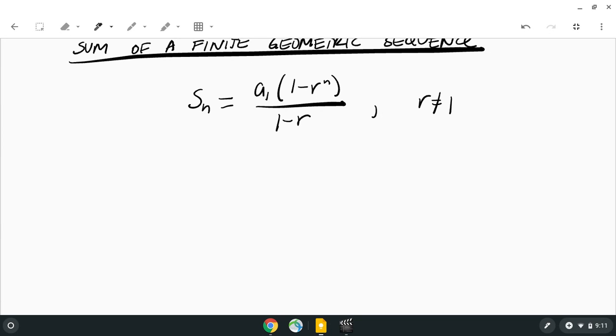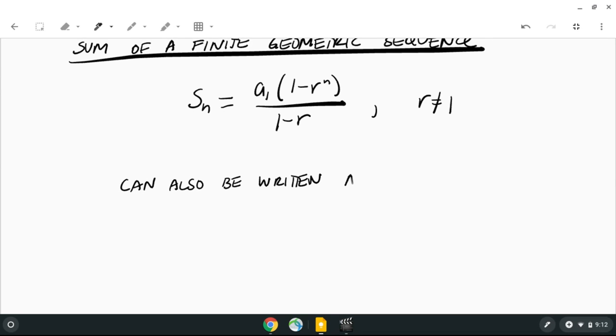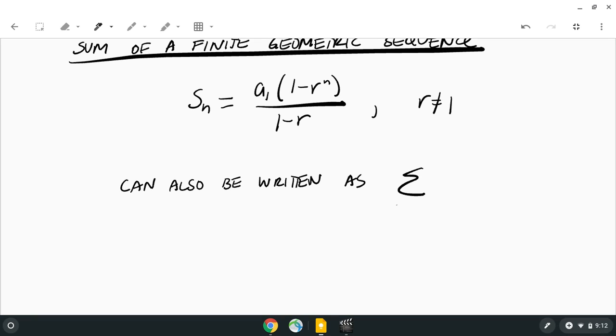This can also be written using the sigma notation, so it might look like this as well. Maybe you're taking the sum of the first 50 terms. I won't put 50, I'll just leave this general, 1 to n terms.